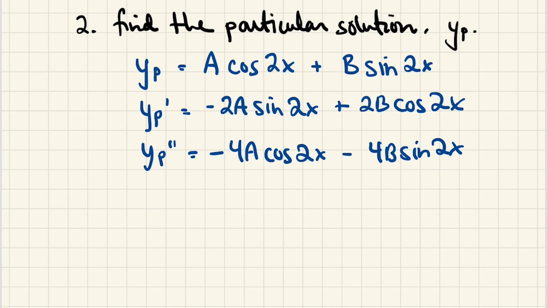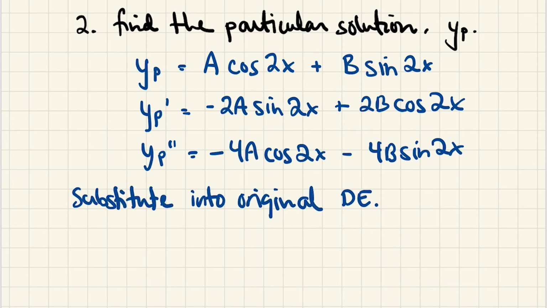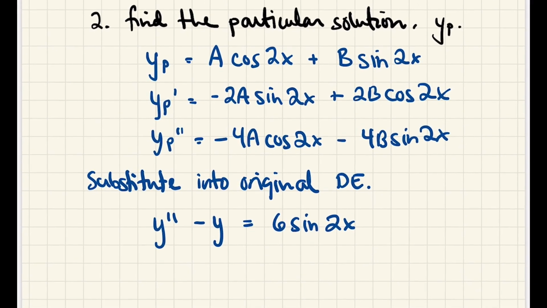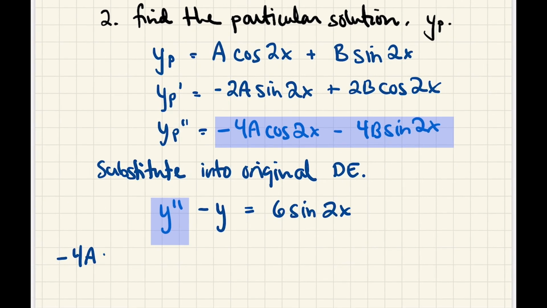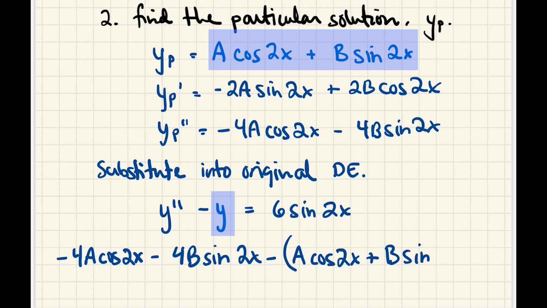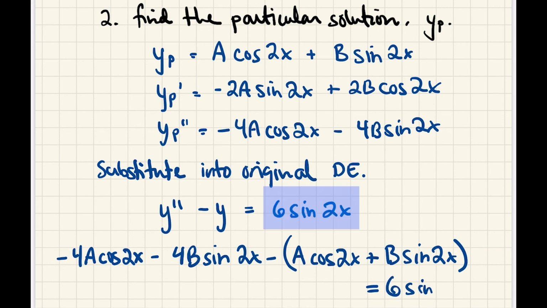Now we will replace these in the original differential equation. There's the original differential equation, and we can see that we're going to get negative 4A cosine of 2x minus 4B sine of 2x minus y, and so y would be our A cosine of 2x plus B sine of 2x, and that's equal to the right-hand side, which is 6 sine of 2x.